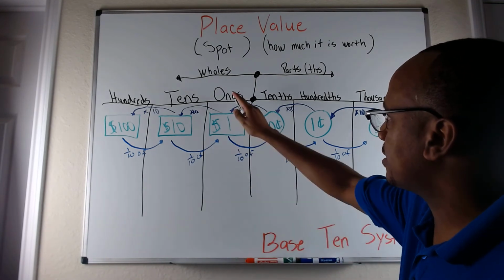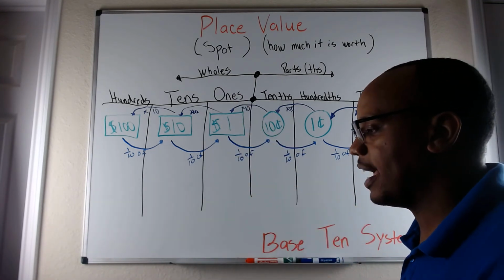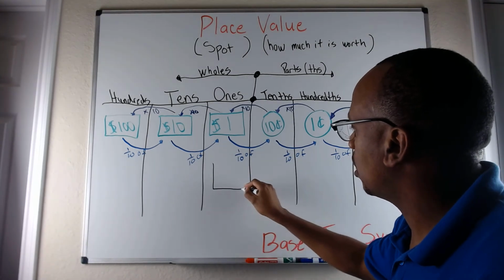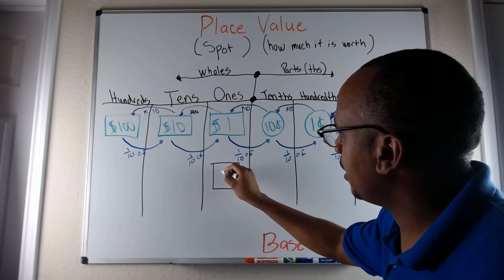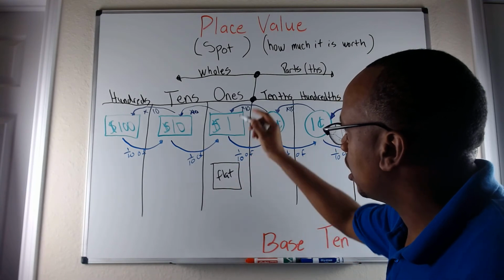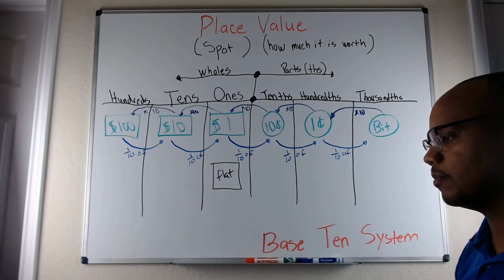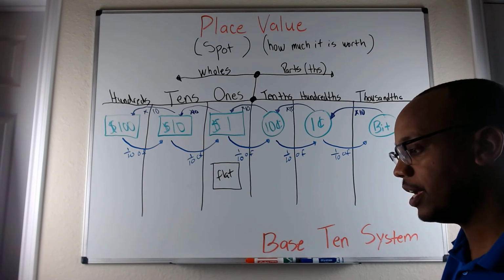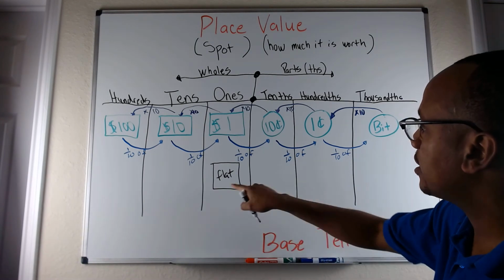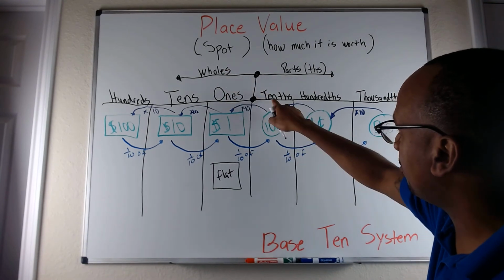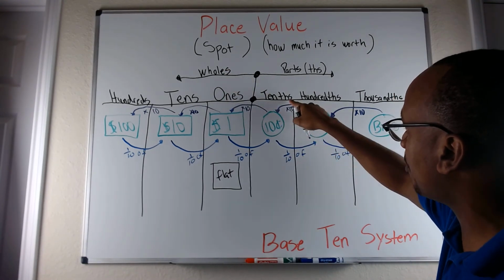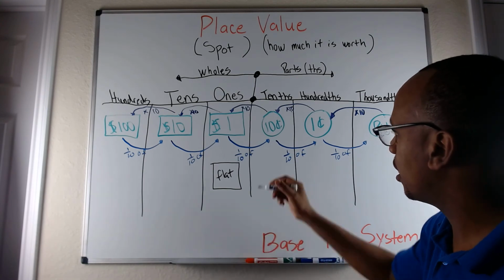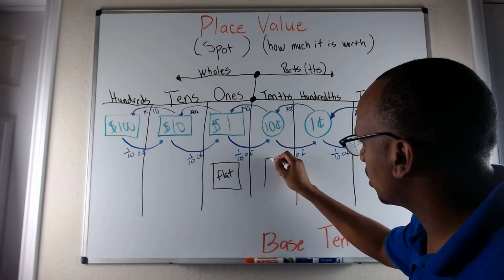In 5th grade, they say, I want one flat to represent one whole. So if I could put a flat right here, it's going to represent one whole, right? The flat is in the one whole spot, right? Now from here, I'll say, take this one whole flat and break it into 10 parts. Well, everybody knows if you take a flat and you break it apart, it becomes a rod.